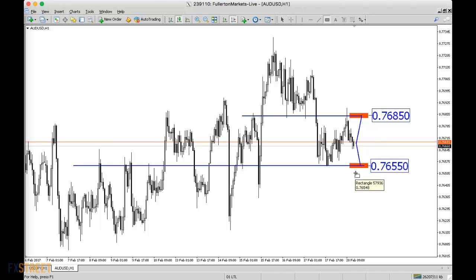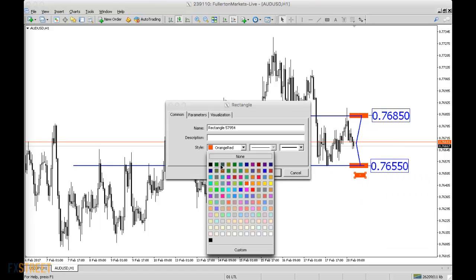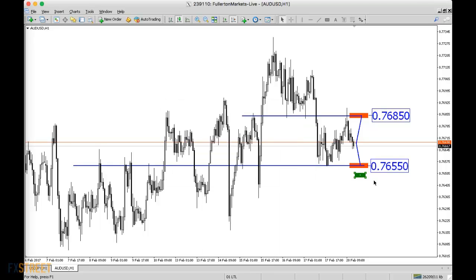That means there are possibilities of 4 trading opportunities. I'll mark them in green boxes to explain.